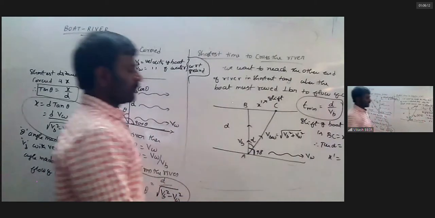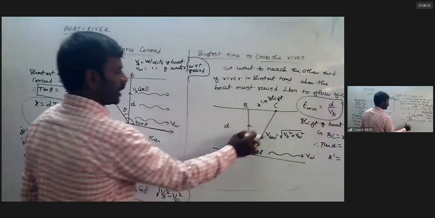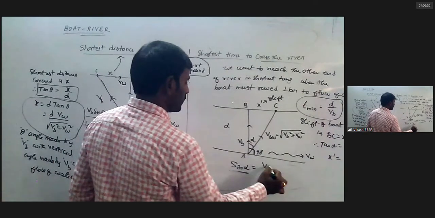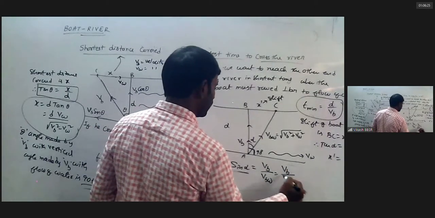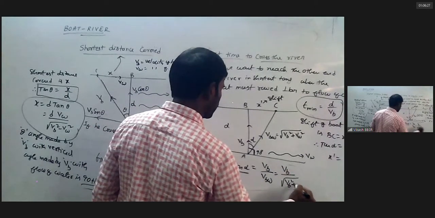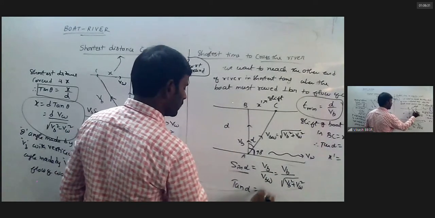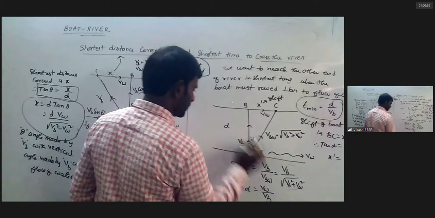One more you see here. Sin alpha equals what? vW by vBW, that is vW upon root of vB square plus vW square. Tan alpha equals opposite vW upon adjacent vB.